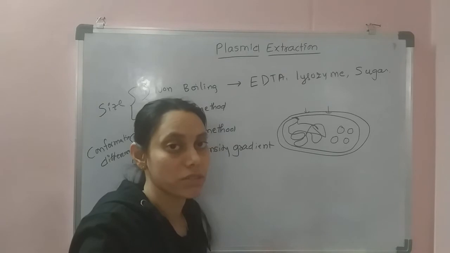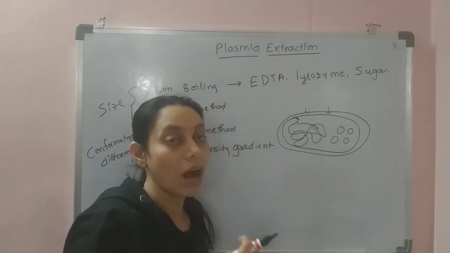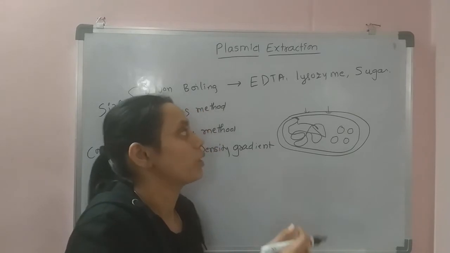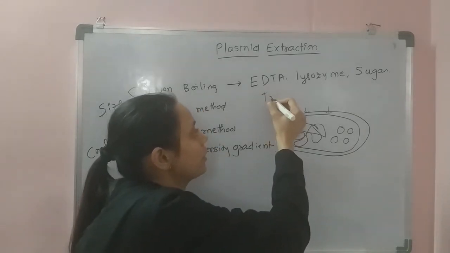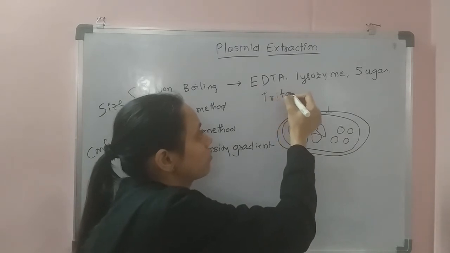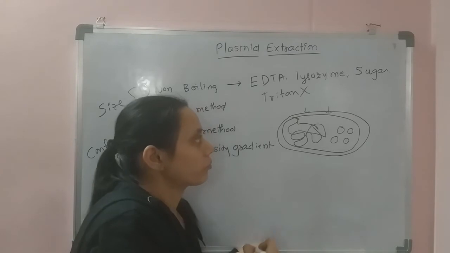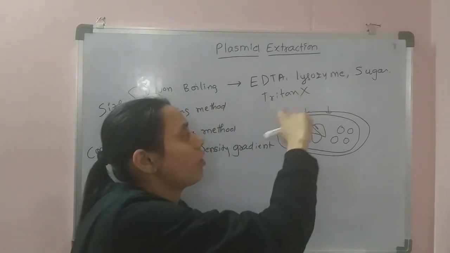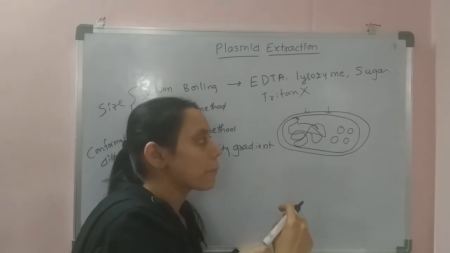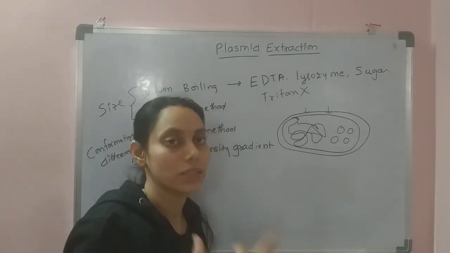Plasmid may be lost. So here we are not going for the harsh detergents like SDS, but here we are going to use mild detergents like Triton X. And also here this Triton X, lysozyme, EDTA, all these are used to make punctures in the cell wall but not burst it.